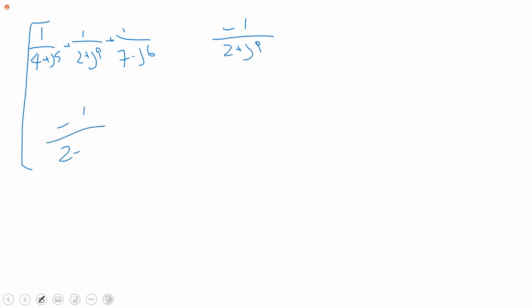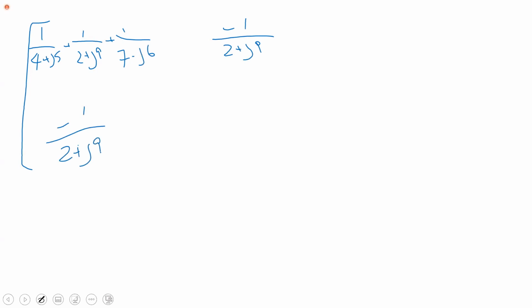So you'd have your 1 over 4 plus J5, 1 over 2 plus J9, 1 over 7 minus J6. And then you'd have minus 1 over 2 plus J9, minus 1 over 2 plus J9.